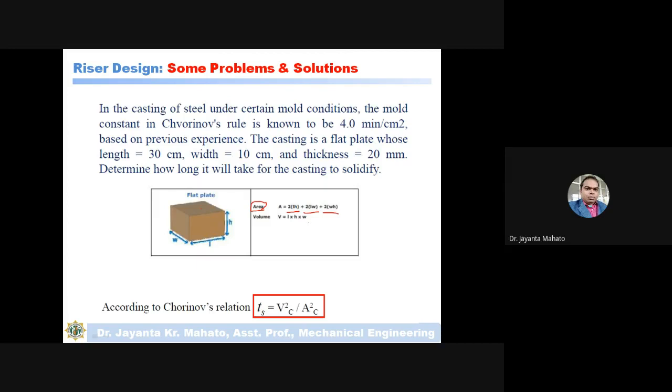Okay, and you can also calculate the volume by just multiplying length, width, and height. So after calculating, you can calculate the solidification time by this rule, Chvorinov's rule. Okay, just simple.